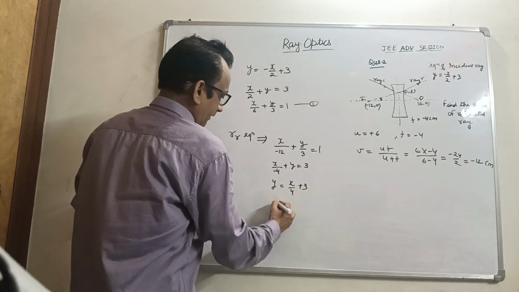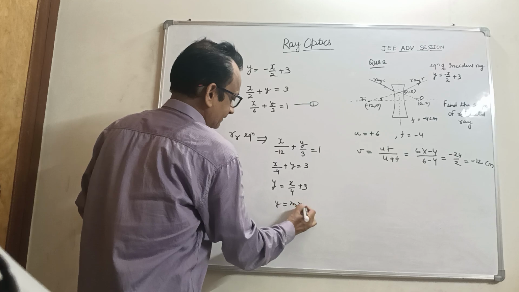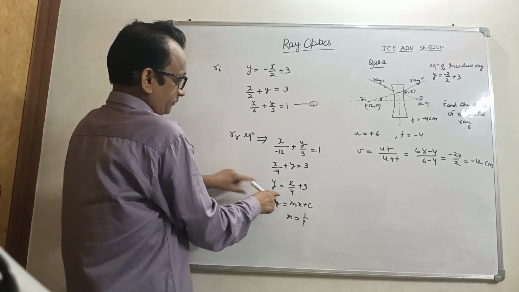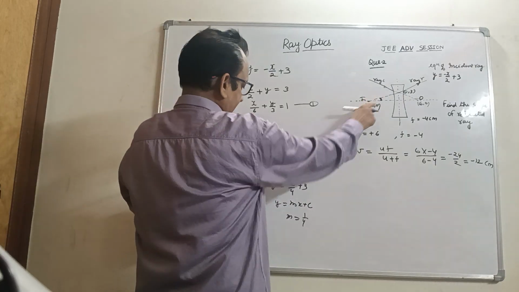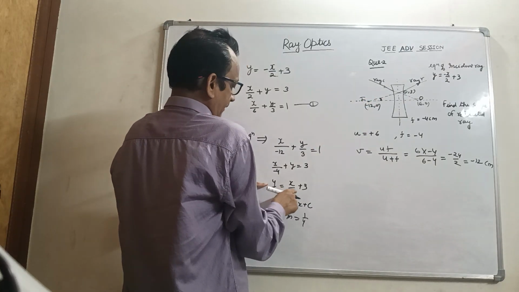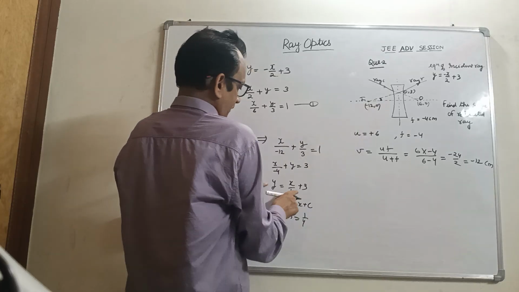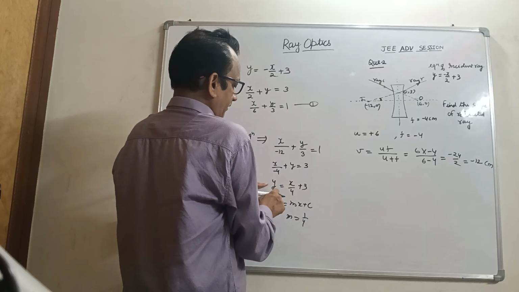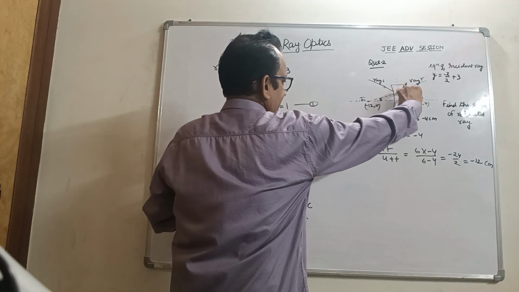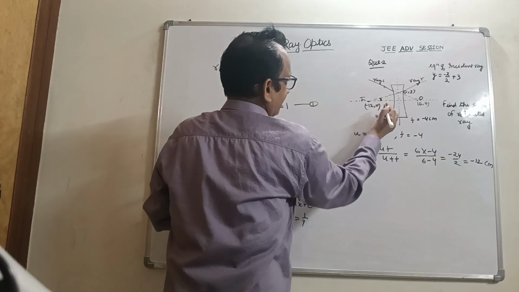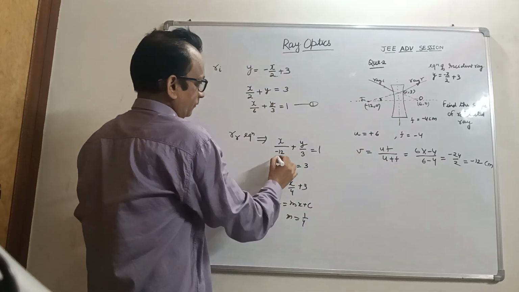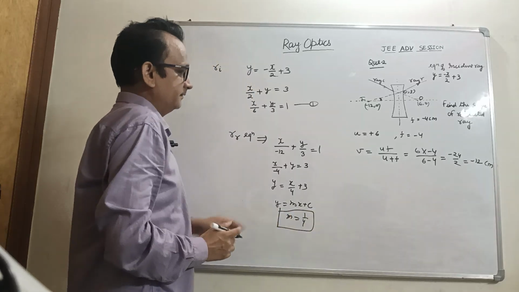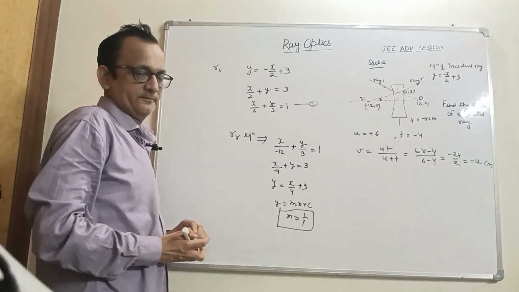So the slope will be 1 by 4, and 3 is the intercept at the y-axis. So this is the intercept on the y-axis, this is the line, and this is the slope. So we calculate here that the slope of the reflected ray would be 1 by 4.